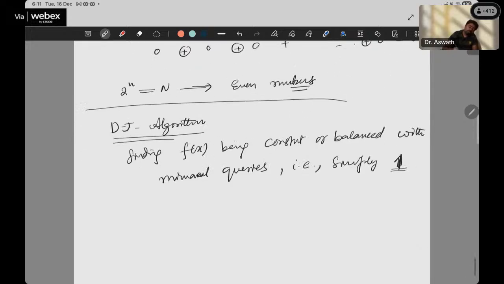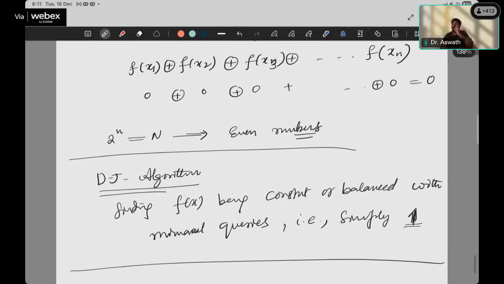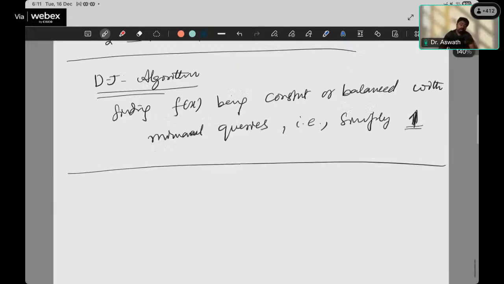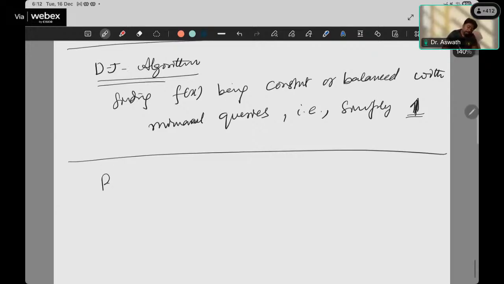Okay, so with this, we have ended the preliminary quantum algorithms, Deutsch and Deutsch-Jozsa. In tomorrow's session, or if somebody takes tomorrow's session, when I come back for another session, I'll be talking about the Bernstein-Vazirani algorithm.